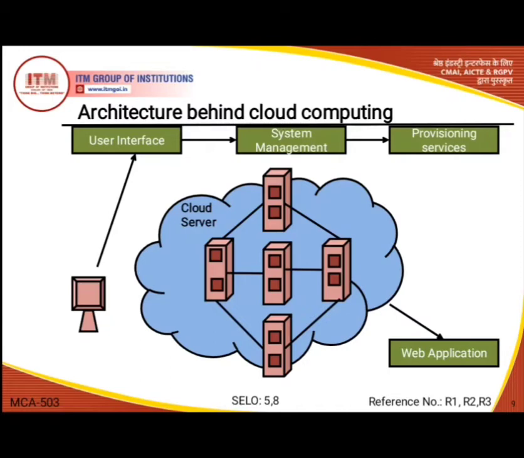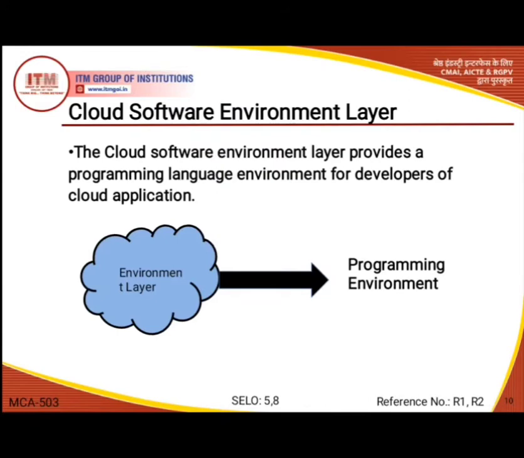So for better understanding of the cloud reference model layering system, we will describe each layer in detail one by one. So the first layer is the cloud software environmental layer.